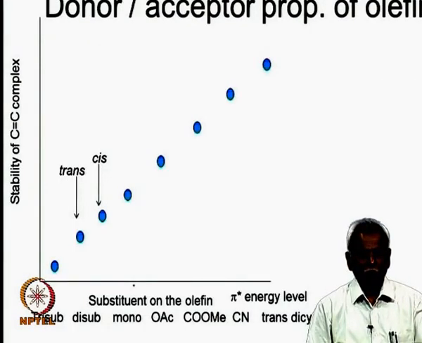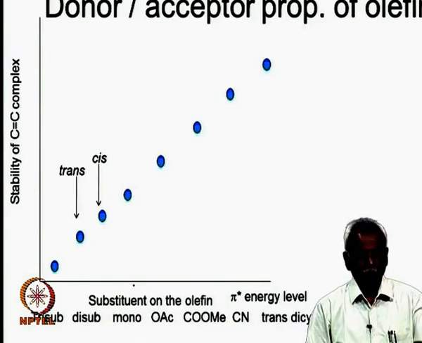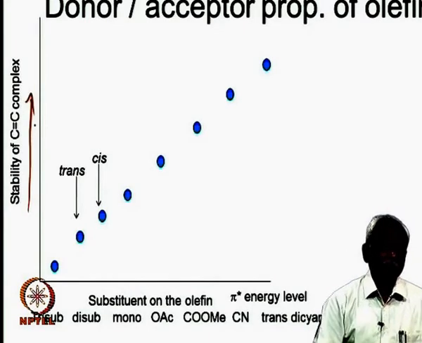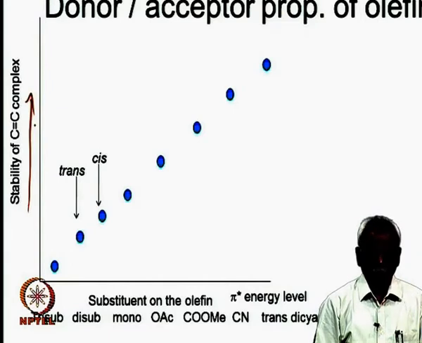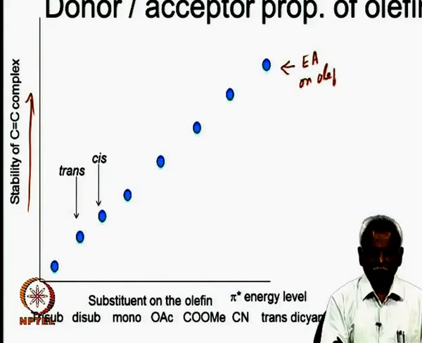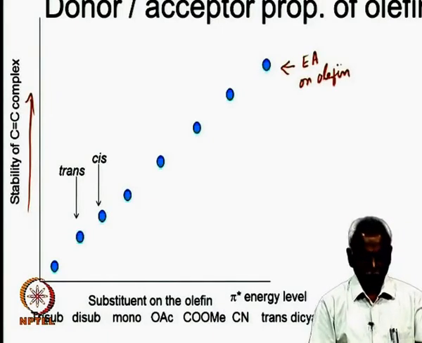In the time that we have, let us take a look at the donor acceptor properties. Can we correlate the donor acceptor properties with the pi accepting property on the stability of the complex? In general, the stability of the complex, if it is plotted on the y axis, if it keeps increasing, if you have very good electron accepting groups on the olefin, then they form stable complexes.